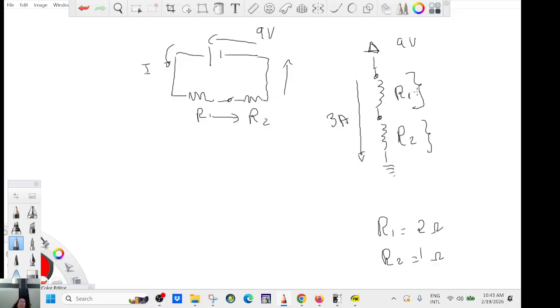So what's the voltage drop here? 6. Do you all agree? 2 times 3 is 6 volts. What's the voltage drop here? 3. Agree? So it means that you start with 9, you lose 6. How much is left?